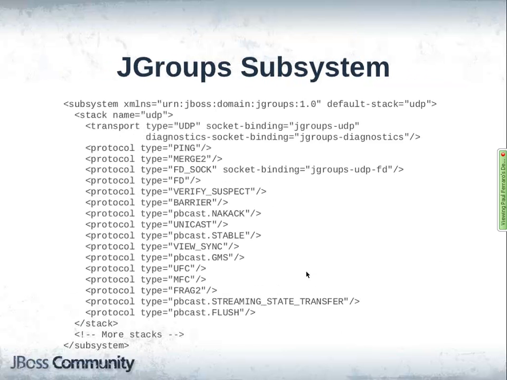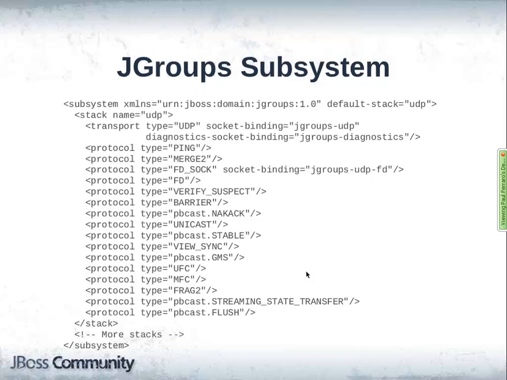So this is what the JGroups subsystem looks like. You'll notice it's not exactly the same as the JGroups config that you're probably used to. The scheme is very generic, whereas in native JGroups, the elements and attributes are specific to a given protocol.